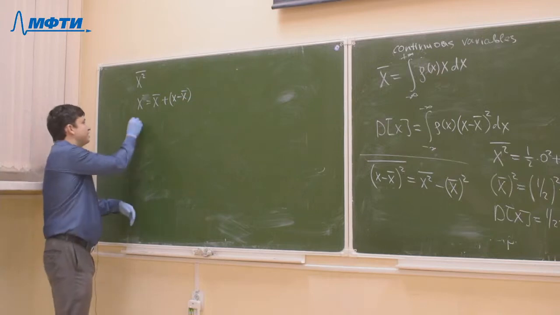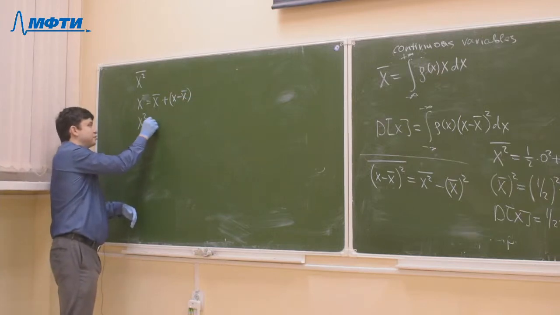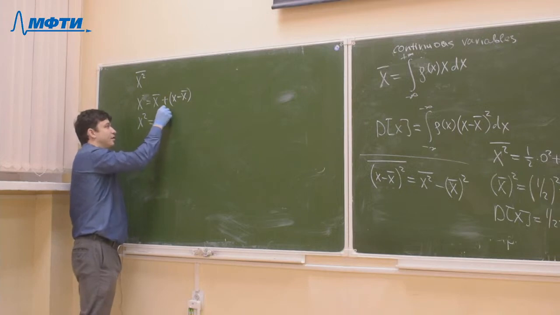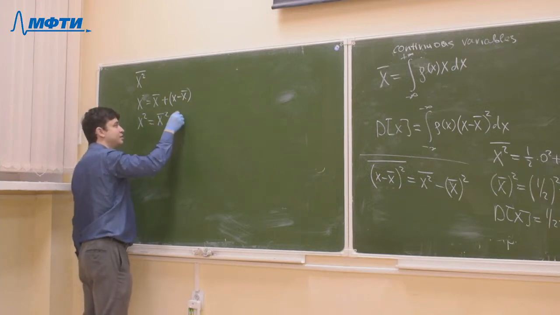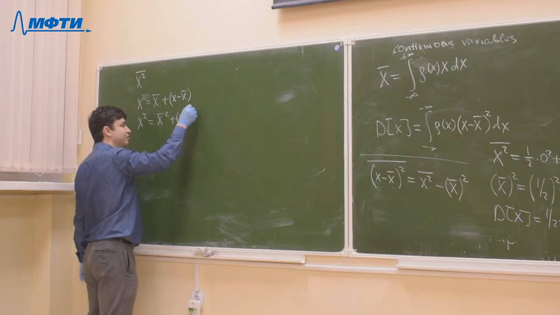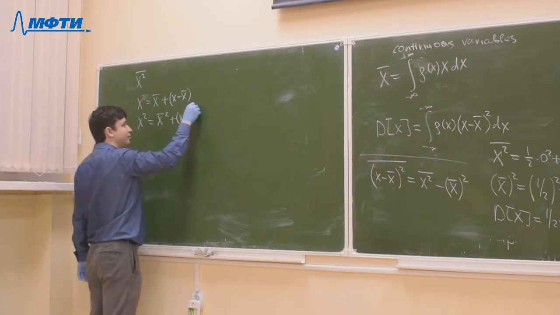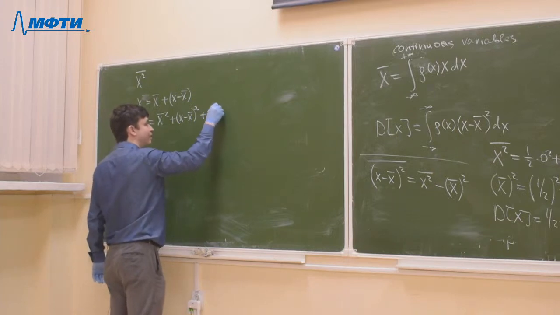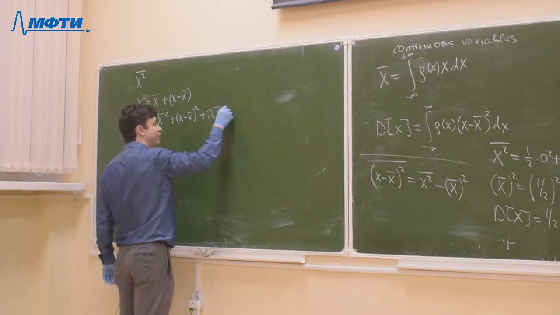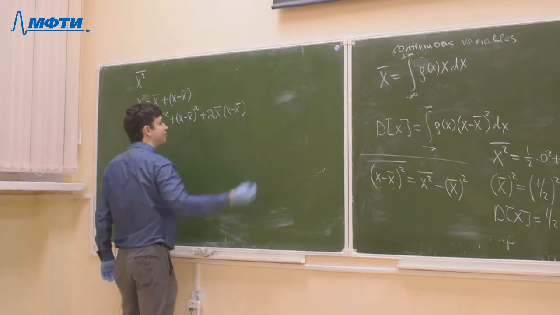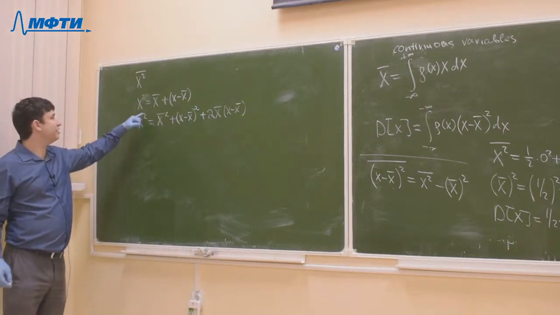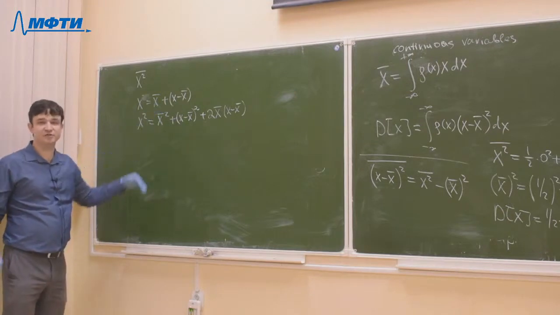Then let's take this to the second power, and we get x average squared plus x minus x average squared plus 2 x average multiplied by x minus x average. And then we take the average of both sides of this equation.